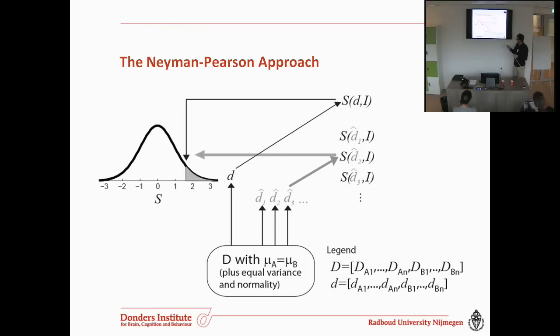Now you see there is a big vector here, and this big vector just denotes all the data in my experiment, which involves 2 experimental conditions, capital A and capital B, condition A and condition B. And each of the 2 conditions has small n observations. So I have small n observations in condition A and small n in condition B.